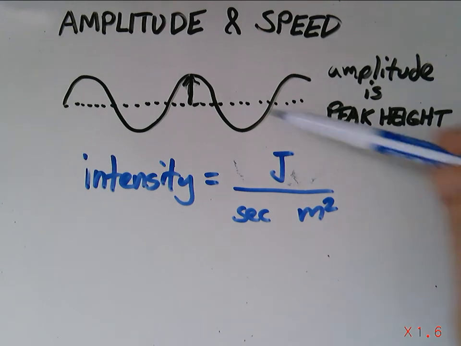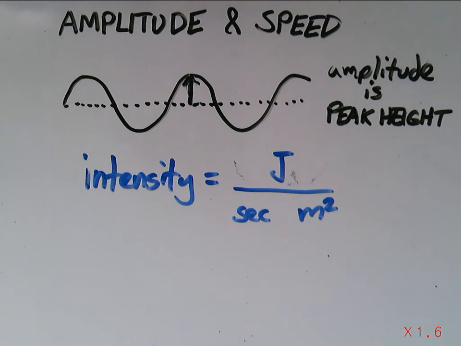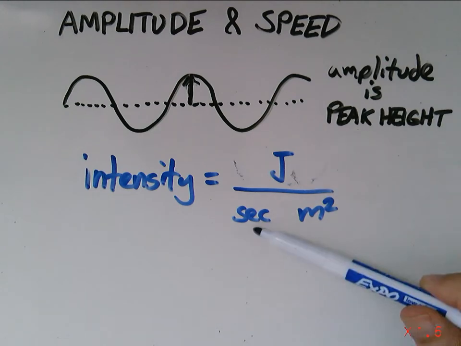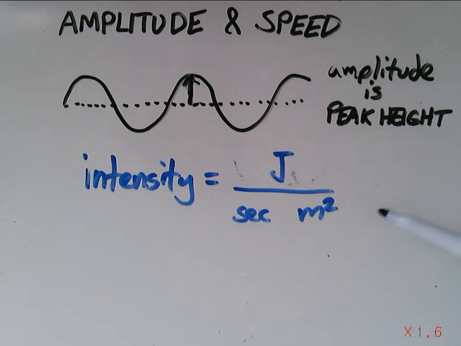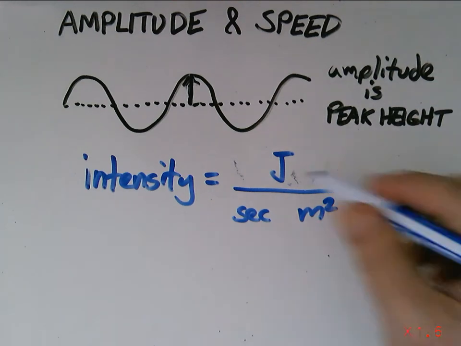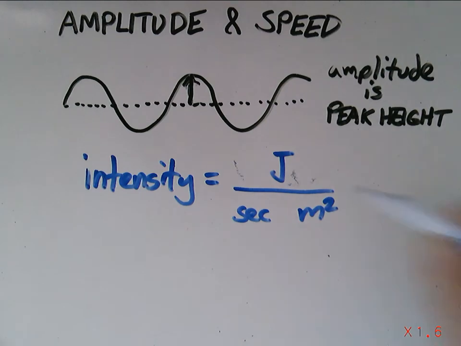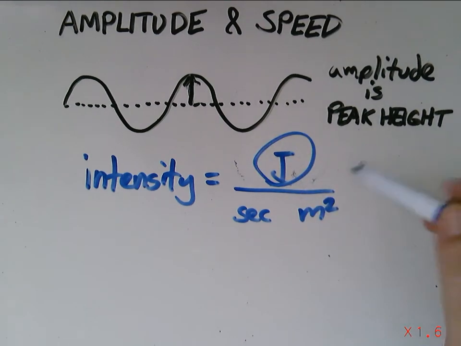So if you look at how much energy this wave is going to hit something with, how much work it's going to be able to do every second per square meter that it hits, that's the intensity. And the intensity is proportional to the energy. So if you doubled the energy, it'd be doubling the intensity.